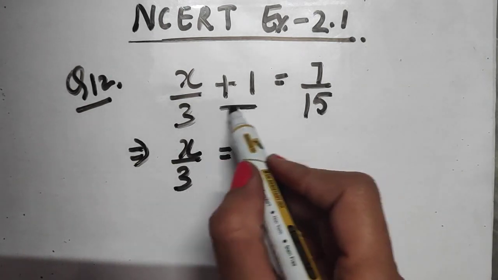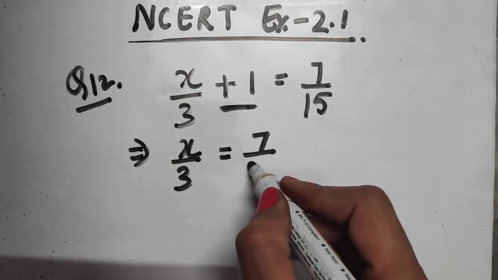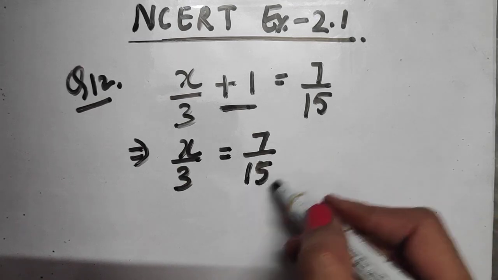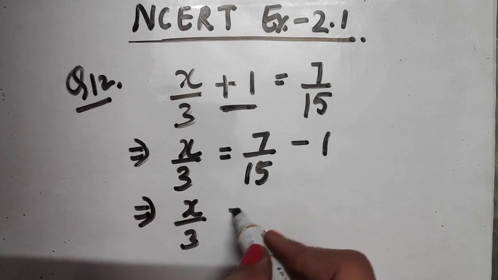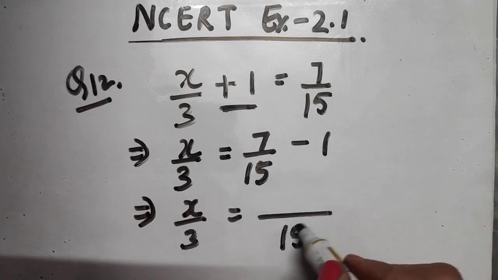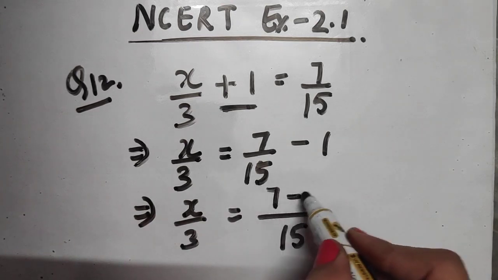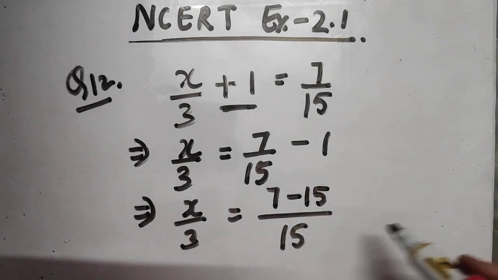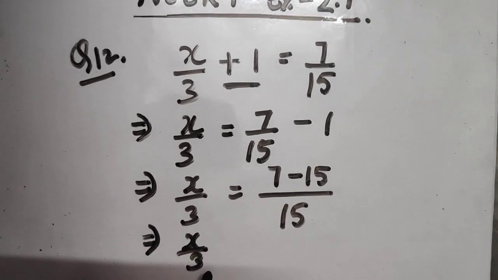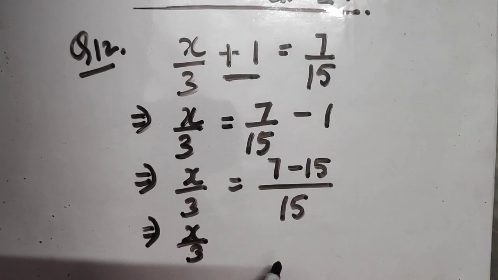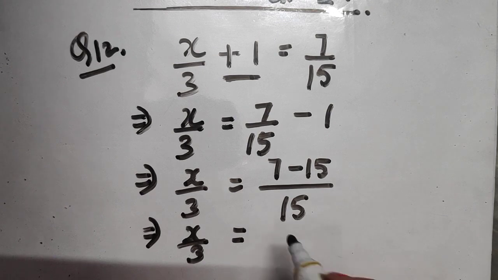Now here it is plus 1, so I am shifting it like 7 over 15 minus 1. Now here I am going to take the LCM, 15 will be the LCM, 7 minus 15. Now what will be the next step? It will be x over 3 equal to minus 8 over 15.